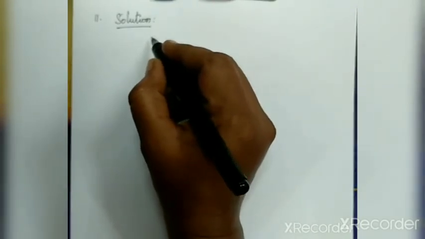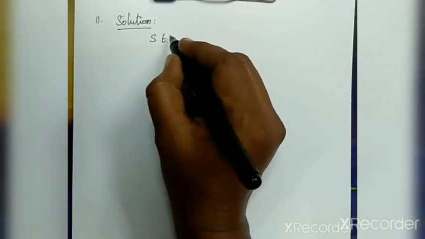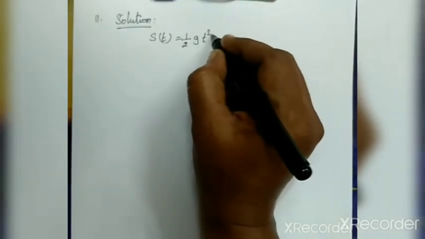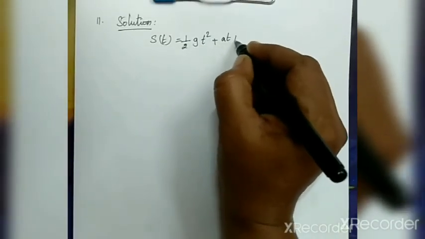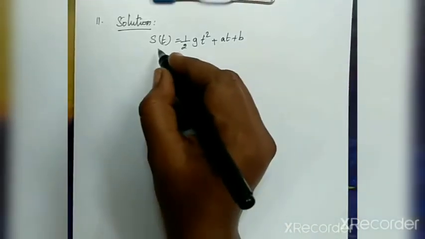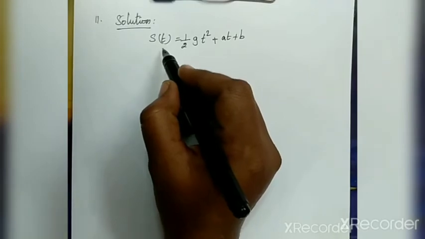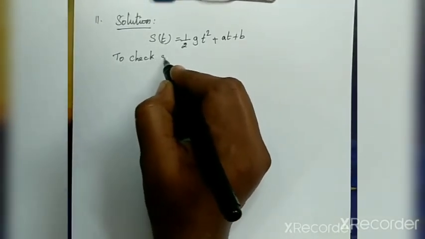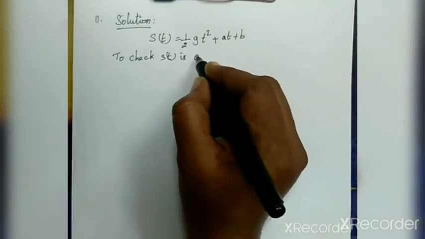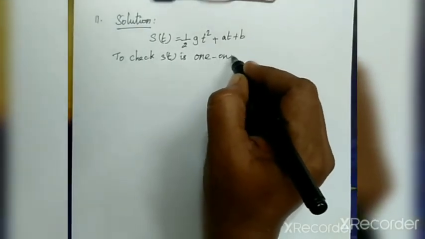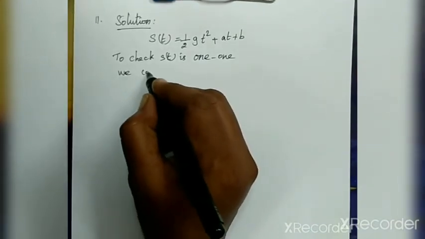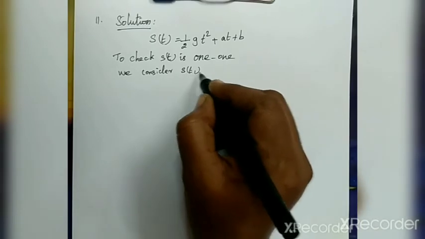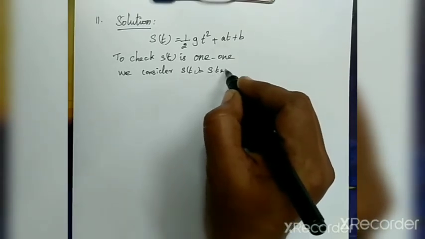The function given in the 11th sum is s of t equal to half g t square plus a t plus b. We have to check whether the function s of t is 1 to 1. To check s of t is 1 to 1, we consider s of t1 equal to s of t2.